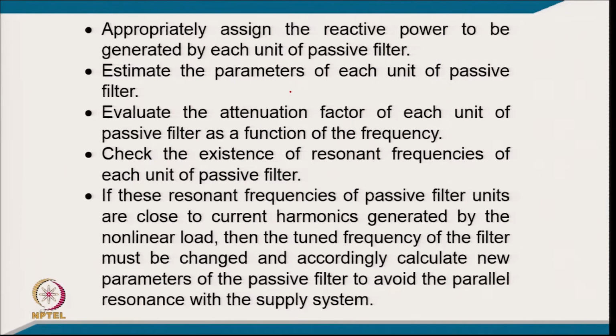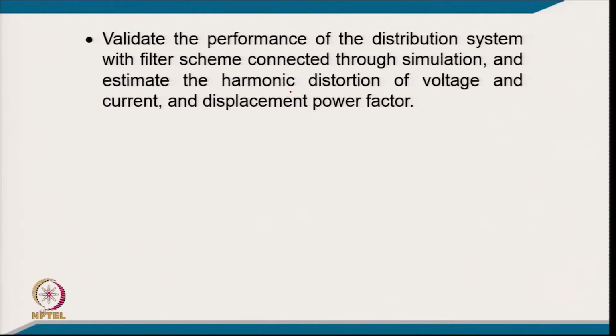If these resonance frequencies are close to the current harmonics generated by the nonlinear load, then the tune frequency of the filter must be changed and the new parameters of the passive filter calculated accordingly, to avoid parallel resonance with the supply system.